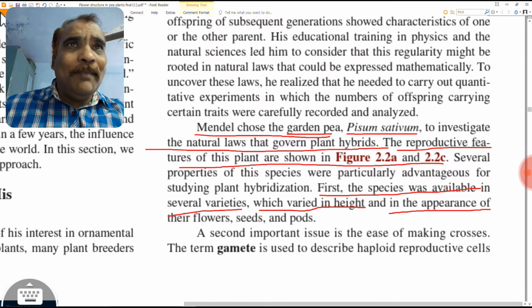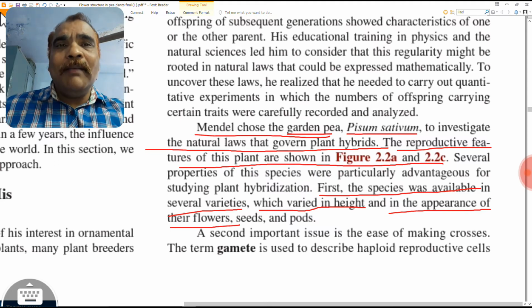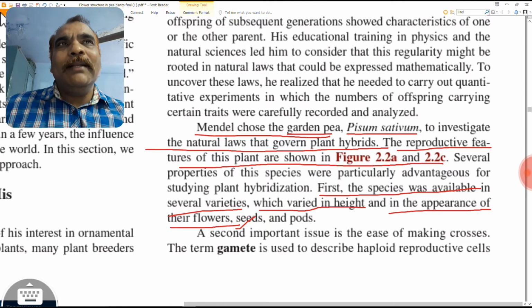Then the appearance of the flower. As you can see, some plants have purple flowers, and some plants have white flowers. Then seed color is different. Some seeds are yellow in color, some are green. Then the seed surface: some seeds have a smooth surface, some have a wrinkled surface.